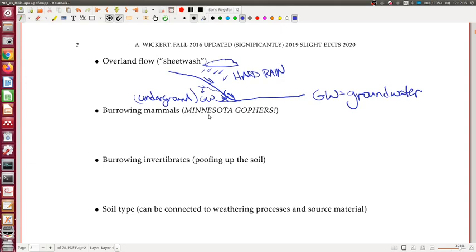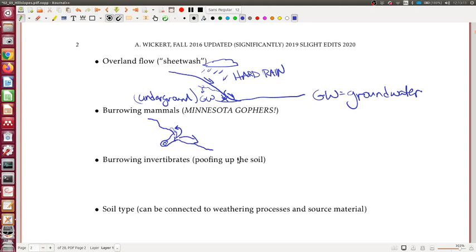Another possibility is burrowing mammals. If I draw the side of this hill slope right here, and there's a gopher that decides to create a burrow like that, and it's a little happy home, so let's just give it a little heart. Which way is the burrow going to throw the dirt that comes out of it? Is it going to throw the soil up out of here so it mounds here and then kind of falls back in and fills in its hole and creates a big dirty mess? No, gophers like clean homes, just like we do. It's going to throw it all downhill.